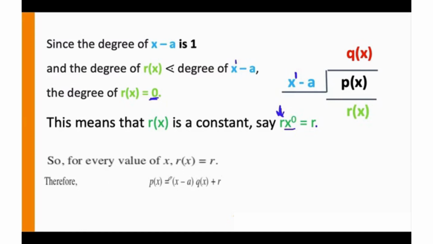And therefore, putting r in place of r of x in the division algorithm, we can say that p of x is x minus a, which is the divisor, into q of x, which is the quotient, plus r. So in place of r of x, I'm going to put r.